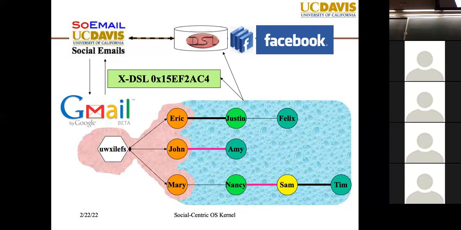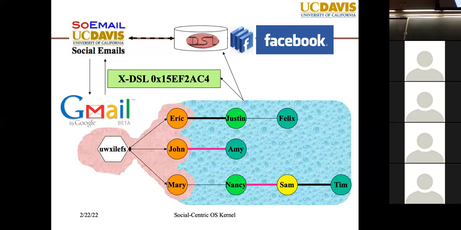If this attribute is included in the email message and the email reader on the receiver side doesn't understand this particular label, it will just ignore it. But if it understands the label, then it will respond to it. Assuming we did this experiment with both the sender and receiver having the capability, we actually implemented two versions. One is like a Gmail web interface, and the other is a Thunderbird plugin.